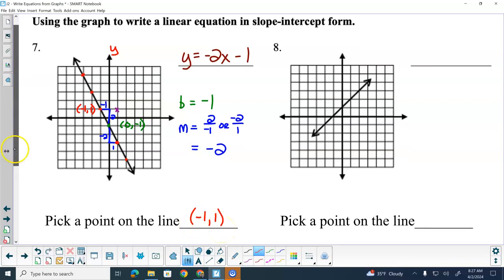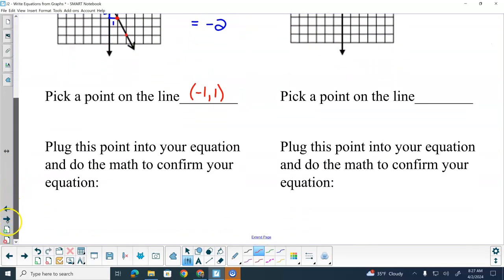Now what it's asking us to do is plug that point into our equation. Our equation again was y equals negative 2x minus 1. And if that point is on the line, and this is the equation of our line, then we should get a true statement at the end when we plug in negative 1 for x and positive 1 for y.